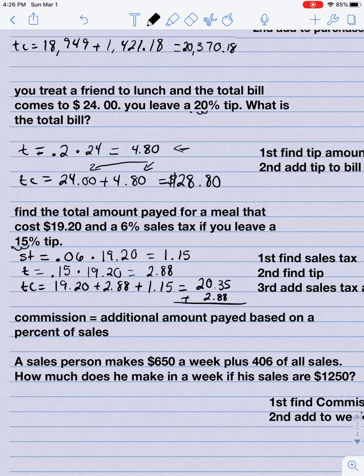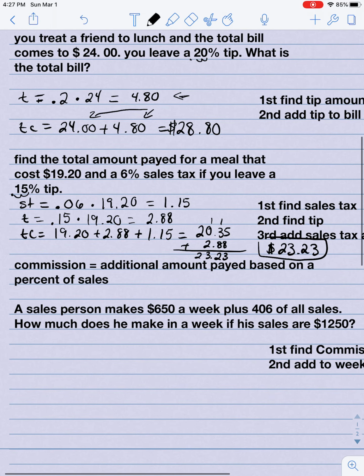That's going to give me 5 plus 8 is 13. Carry the 1. It's 4. That's going to be 2. Carry the 1. 3, 2. So the total is going to be 23.23. And so once again, we got that by adding up the original cost plus our tip and our tax.